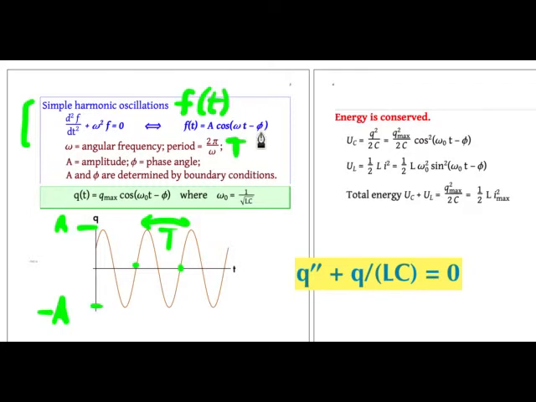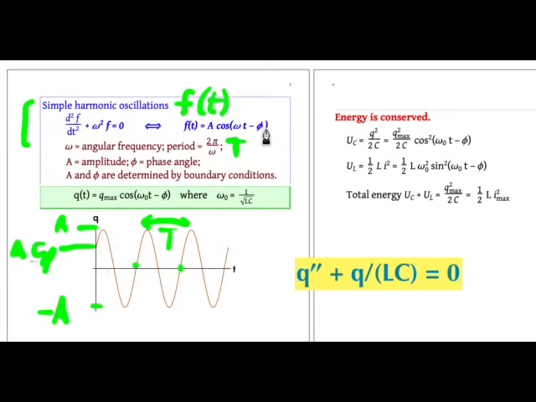Now what about phi? Phi is called the phase angle. It depends on where the oscillation starts at time 0. See, at time 0, Q would be A cosine of minus phi, same as A cosine phi. So this value is A cosine phi at time 0. Now, this oscillation could start at a maximum.